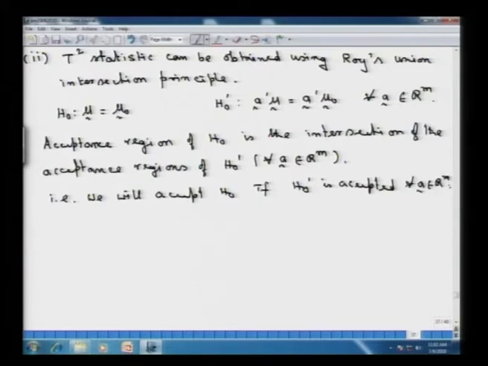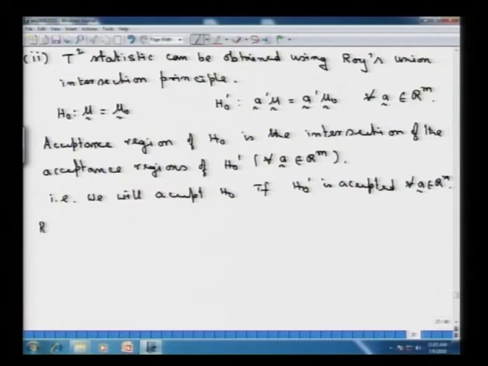And that is quite obvious, because if for some A this H naught prime hypothesis is rejected, we cannot take this hypothesis to be accepted. Now, this is about the acceptance region. So, the acceptance region of this would be the intersection of the acceptance regions of H naught primes.